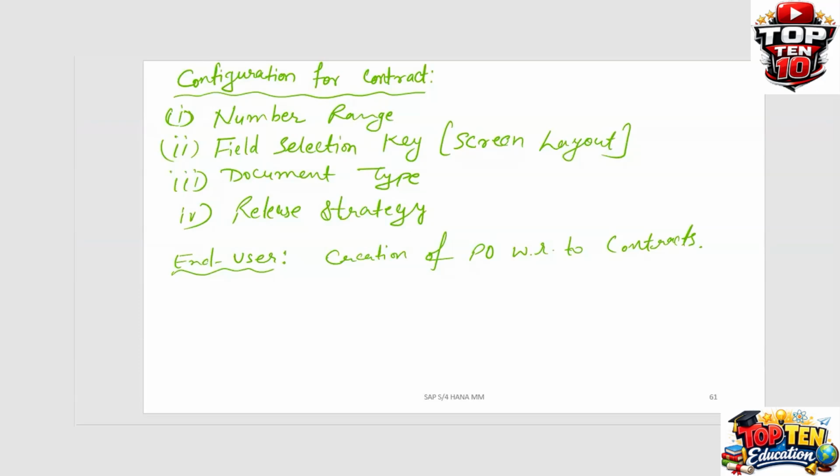You need to change only the document type, that is WK, and selection key is the WKK, double key. So do one thing. Release procedure has already been rectified. Nothing else here.